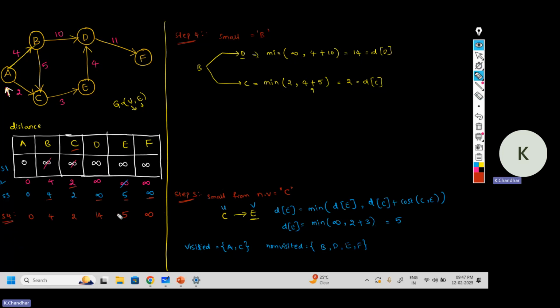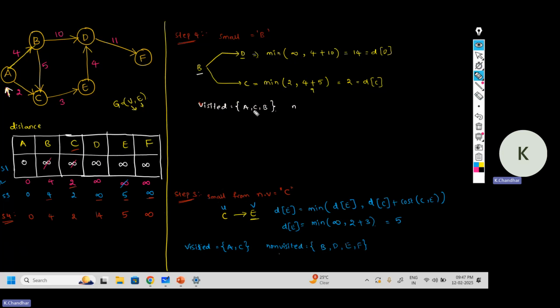Next, once it is completed, what can I do? From this, I need to write visited and non-visited. So what are the visited vertices? Visited previously are A comma C. I am going to include this B also: A, C, B. Which is non-visited?